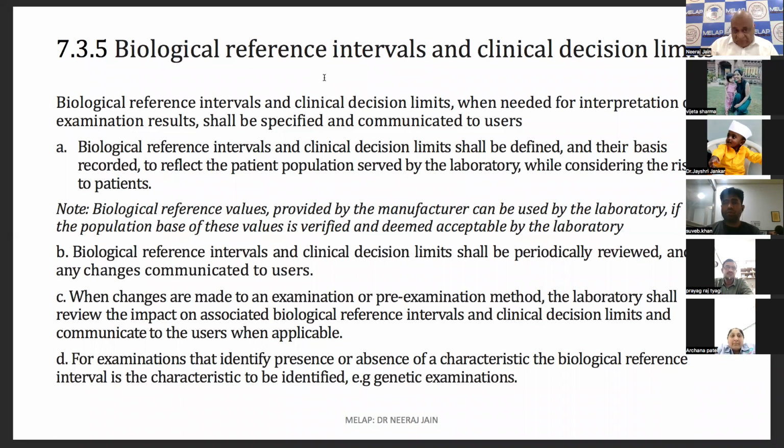Take samples of 30 healthy male patients, 30 healthy female patients, or if there is no gender difference, 30 patients, and check the glucose level in these, and mean plus minus 2 standard deviation.